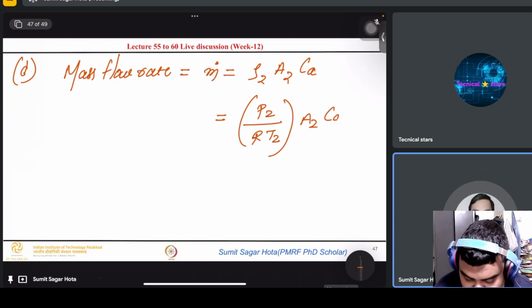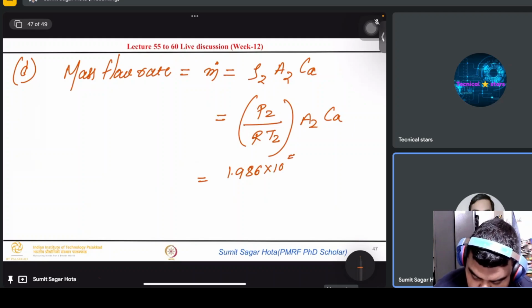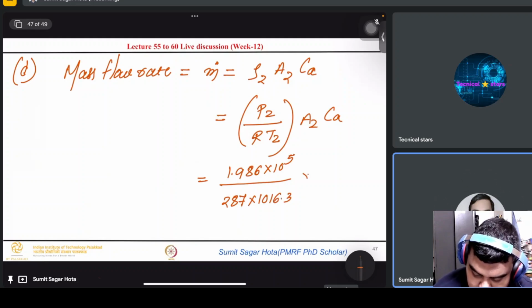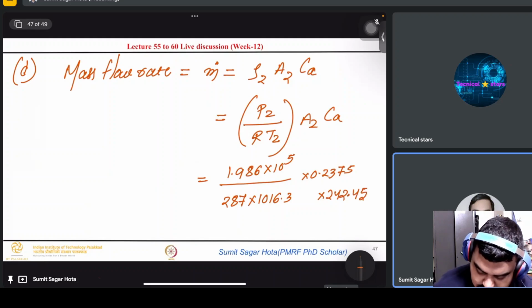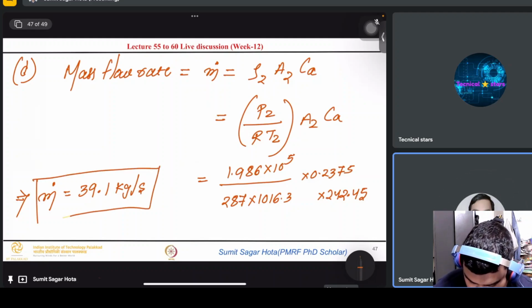Substitute all these values. We have all these values, and find out the M dot. Convert everything into SI units, then substitute. Okay, so this is the answer.